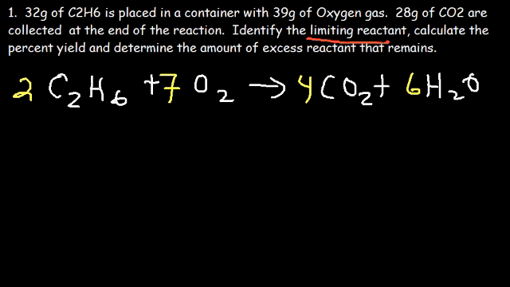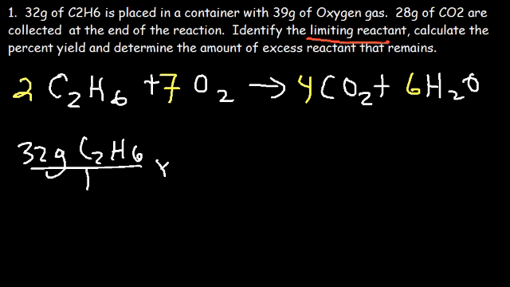So what we need to do is find the moles of each reactant. So let's start with 32 grams of ethane, and let's convert it into moles. So to do that, whenever you want to go from grams to moles, you need to calculate the molar mass, and you can find that using the periodic table.